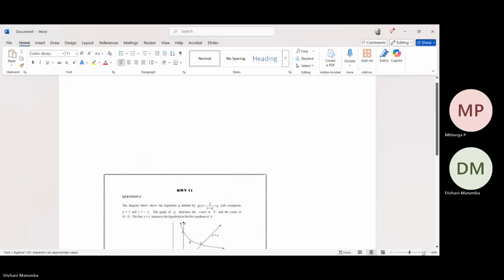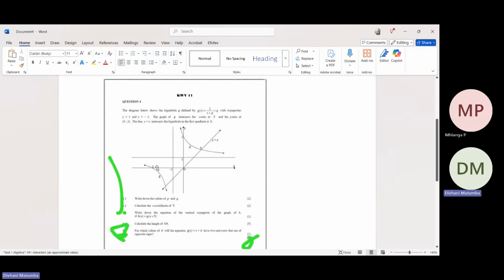Okay, the diagram below shows a hyperbola defined by g of x equals 2 over x plus p, plus q, with asymptotes y equals 1 and x equals minus 2.